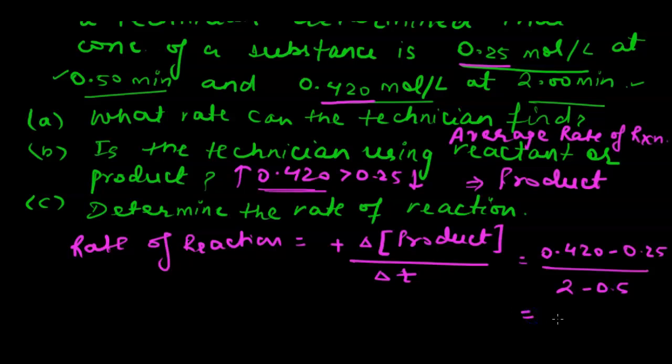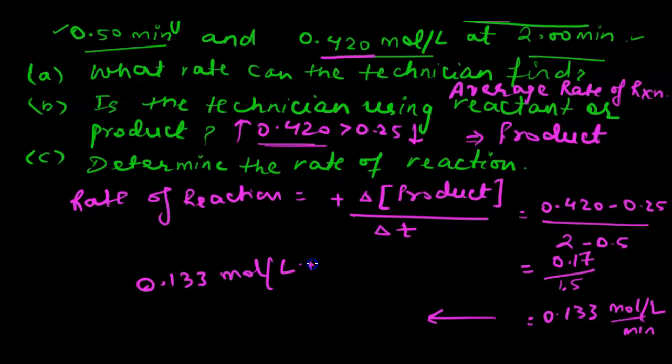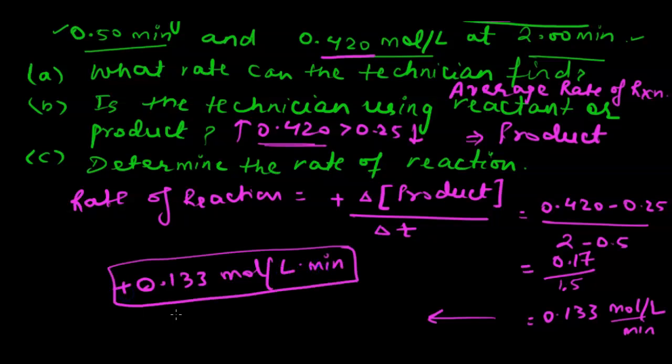This gives us 0.17 divided by 1.5, which is equal to 0.133. The unit is moles per liter for concentration and minute for time, so this is moles per liter per minute. Finally we can write the answer as 0.133 moles per liter per minute, with a plus sign, which means this has been derived from the concentration of products.